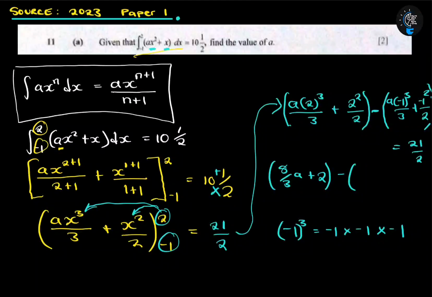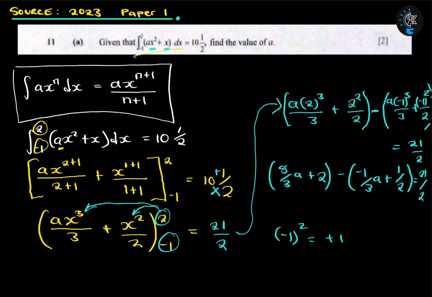Negative times negative is a positive, times negative, that will be a negative 1. So don't forget that. We put a negative 1 there, divided by 3, a. Don't forget to include a plus. Now this time we have negative 1 squared, which is equal to positive 1, since negative 1 times negative 1 is a positive. So it will be 1 divided by 2, or in other words, half, is equal to 21 over 2.